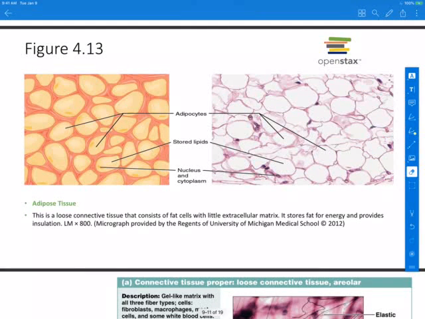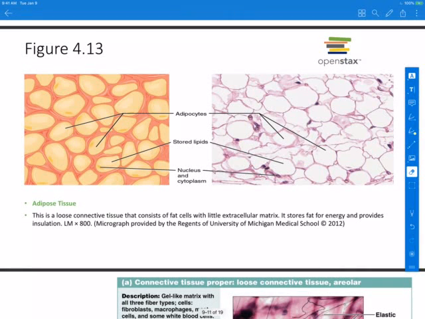And we carry the majority of our fat in the hypodermis, that subcutaneous layer, which is below the skin. We do have some fat packed around organs called visceral fat, and it serves to hold the organs in place and to cushion them.